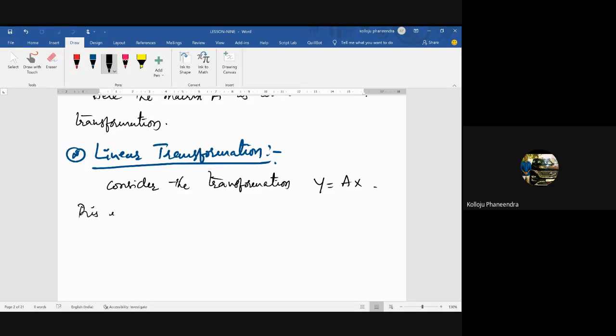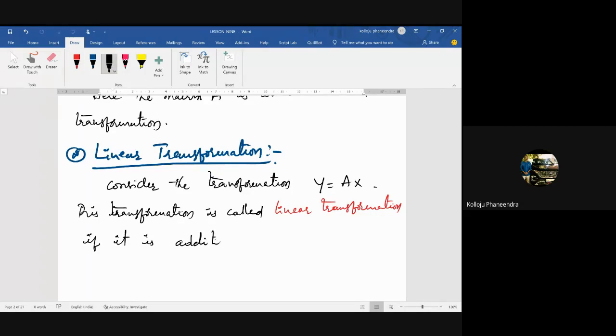This transformation is called a linear transformation if it satisfies the following conditions.